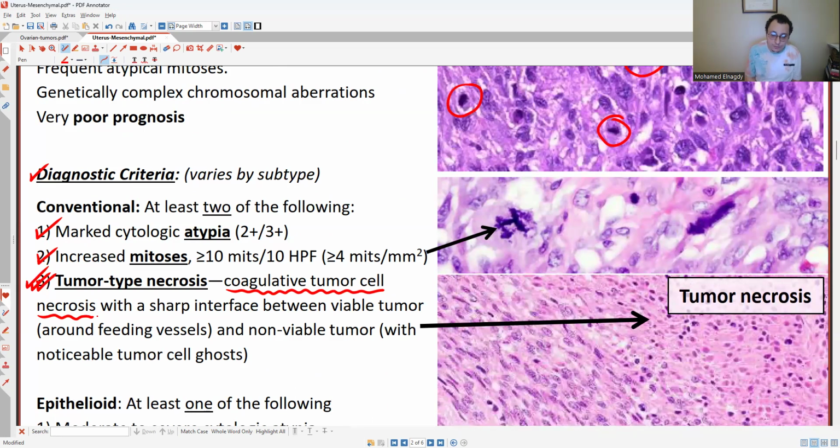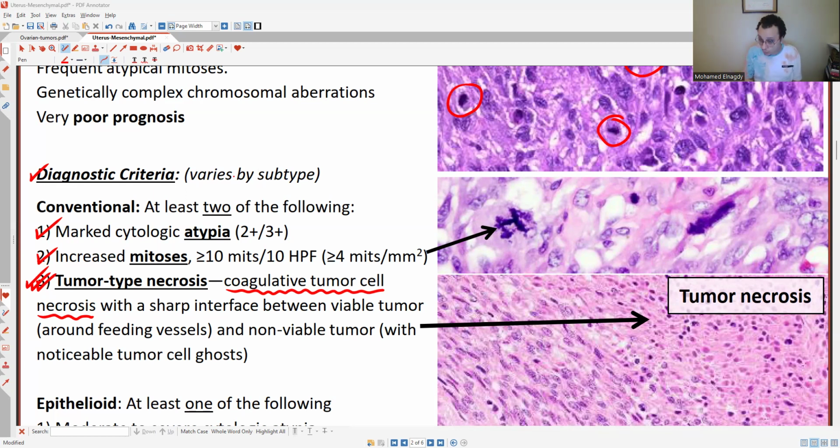And what's the difference between coagulative tumor cell type necrosis and ischemic necrosis? In ischemic necrosis, you will see a red, structureless, desert-like area. But in coagulative tumor cell necrosis, remember that the cell retains its architecture.